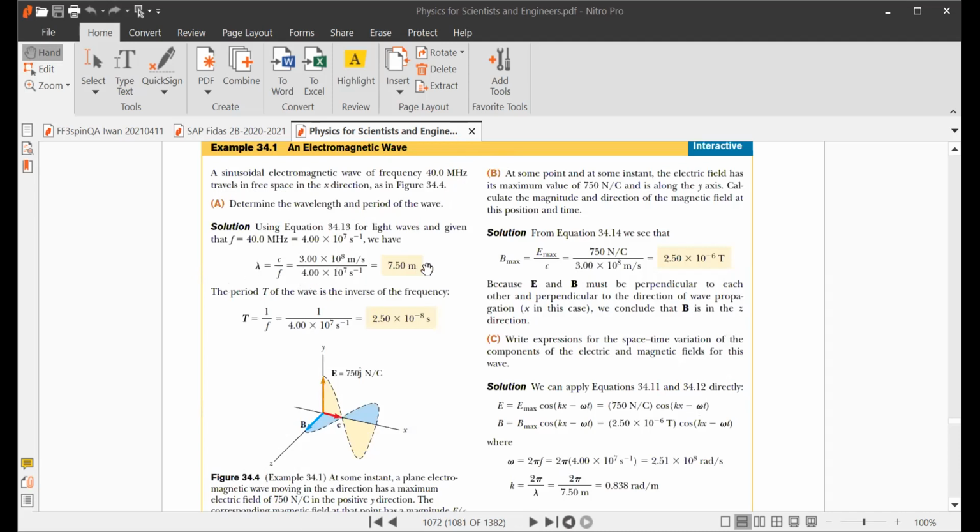We get the wavelength is 7.5 meters. And the period, T is 1 over f, sorry. It should be 2.5 times 10 to the minus 8 second, okay?